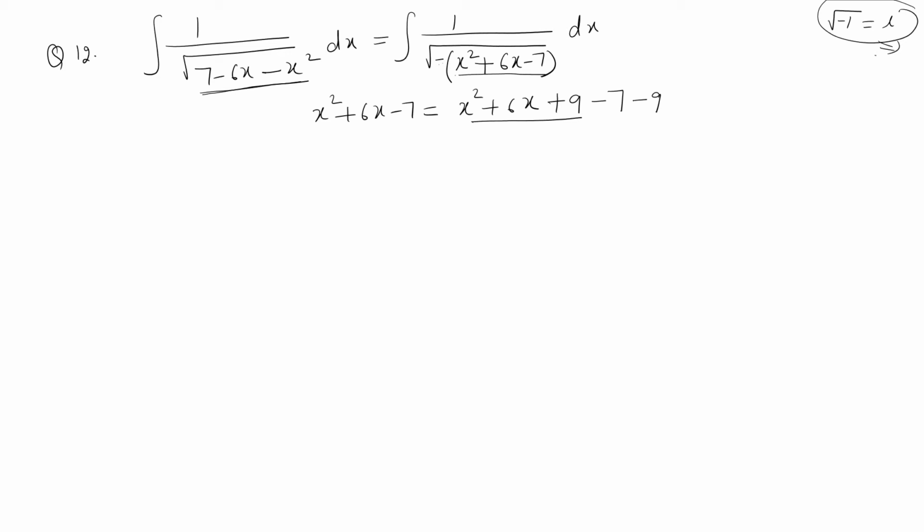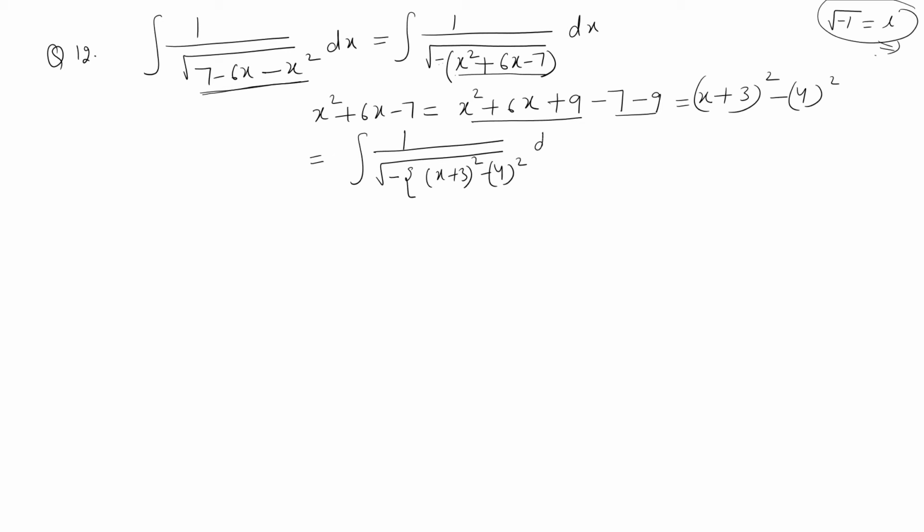So it becomes x plus 3 whole square, and minus 7 minus 9 is minus 16, which I can write as minus 4 square. So this integral reduces to square root of minus, x plus 3 whole square minus 4 square. Let's close the bracket here.